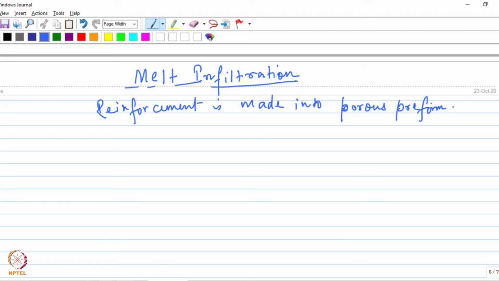And once you make this preform, it is infiltrated by the liquid metal so that all the pores will be filled by the liquid metal, and as you solidify it, it will give rise to a solid composite. Because now the metal will surround the reinforcement phase as it is solidified and give rise to a composite. And this infiltration can be done with or without pressure.